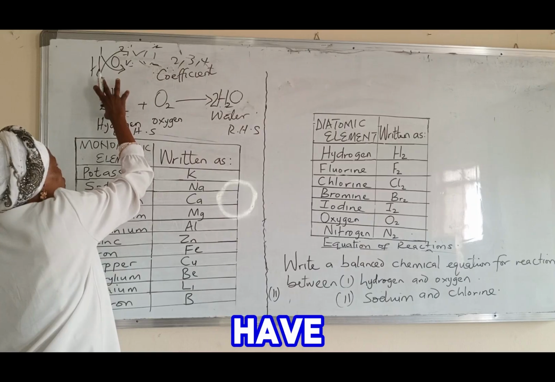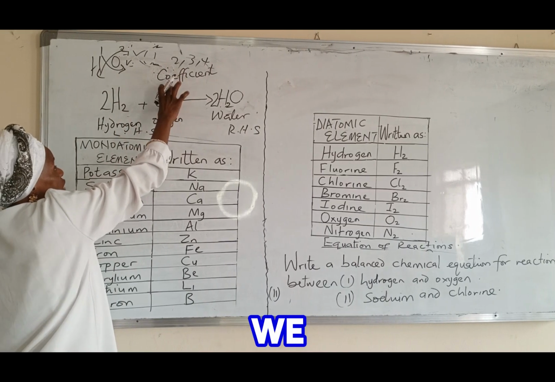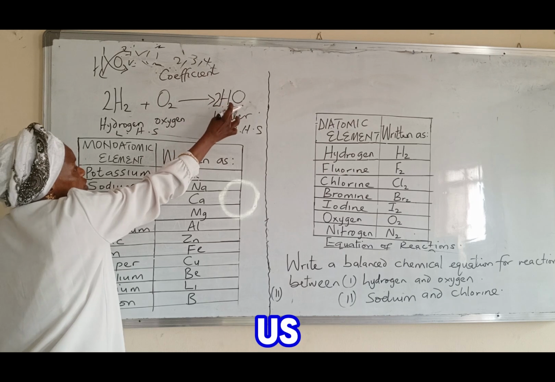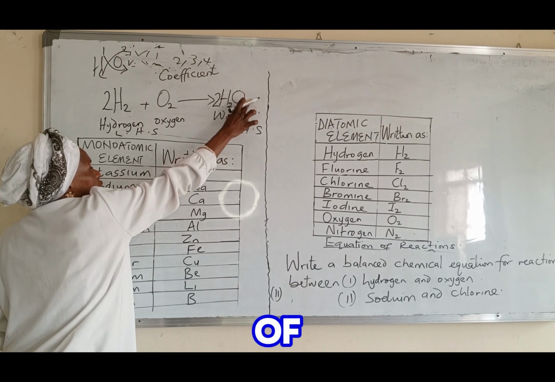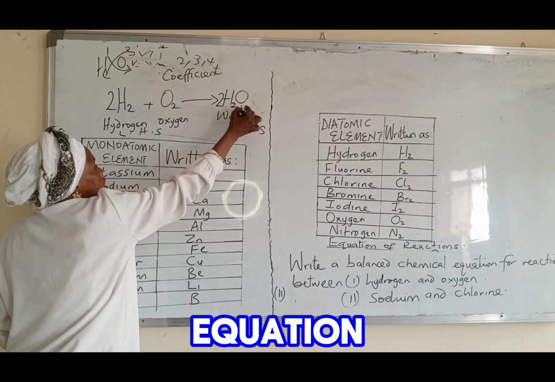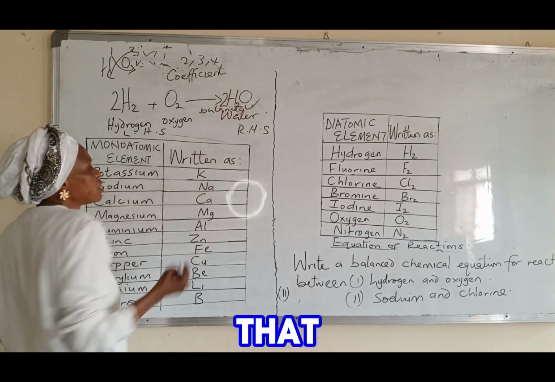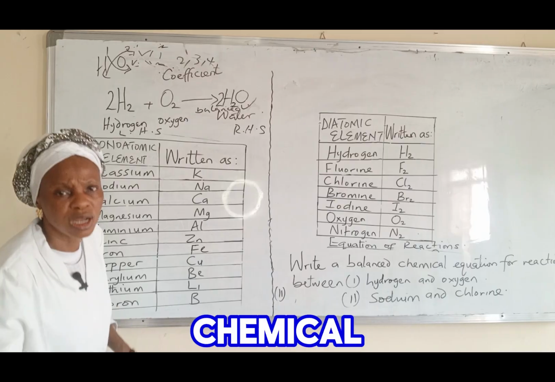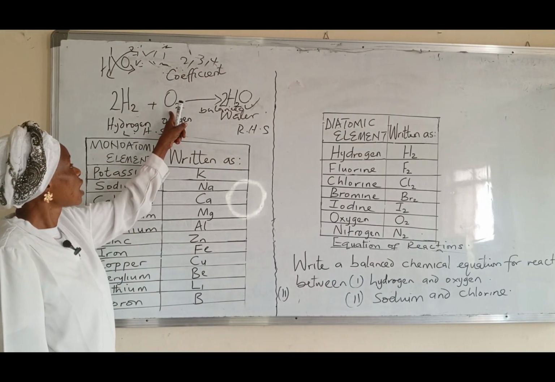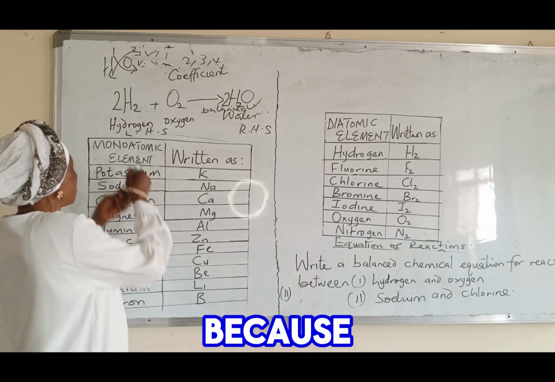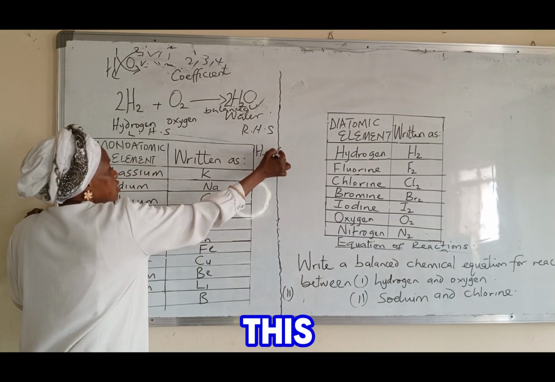So we have 4 hydrogen atoms, and we have 2 atoms of oxygen, giving us 4 atoms of hydrogen and 2 atoms of oxygen. So this equation is now balanced. That is how we get a balanced chemical equation. You can see that when I put this and this together, I did not put the answer as H2O2, because I have seen that this is H2, because I said diatomic and this is diatomic.